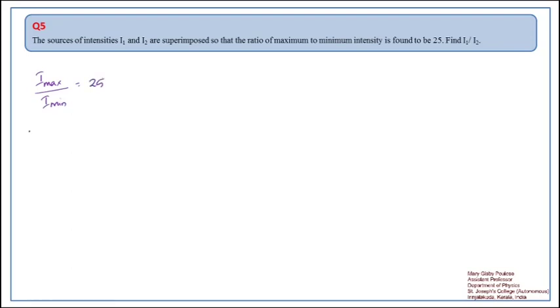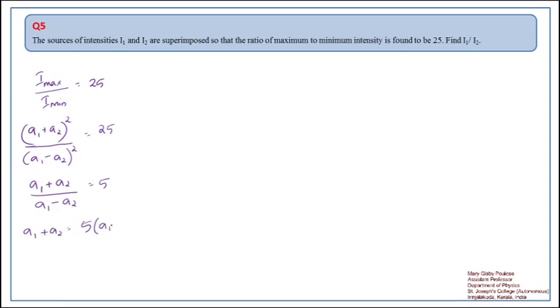Now Imax is a1 plus a2 the whole square, and Imin is a1 minus a2 the whole square, and that ratio is 25. Taking the square root, I get a1 plus a2 divided by a1 minus a2 is equal to 5. That is, a1 plus a2 is equal to 5 times a1 minus a2.